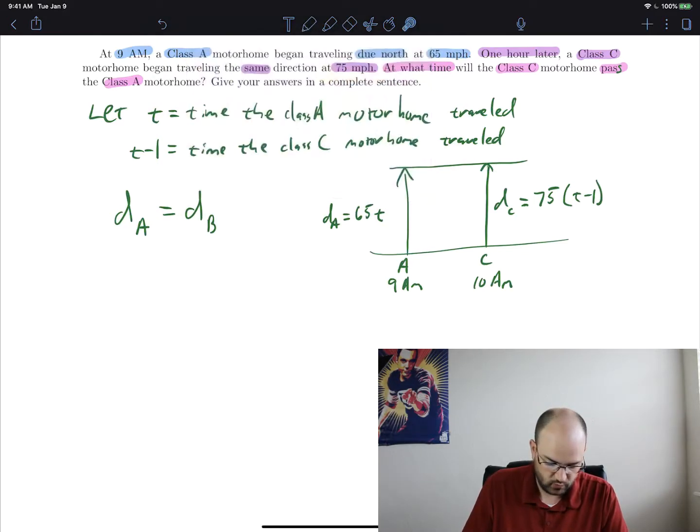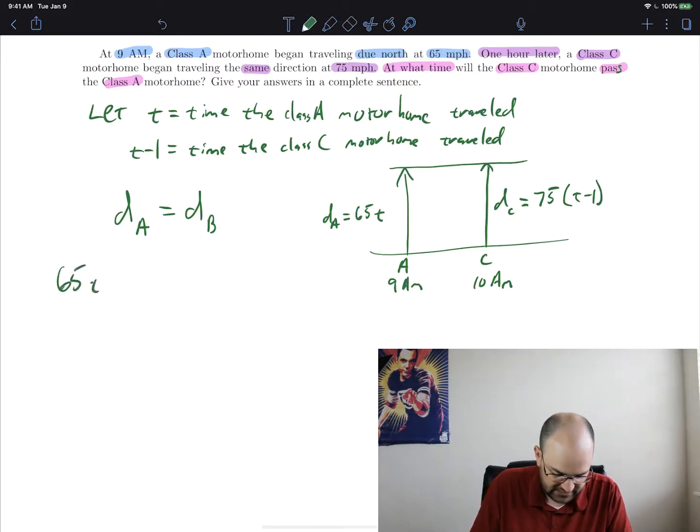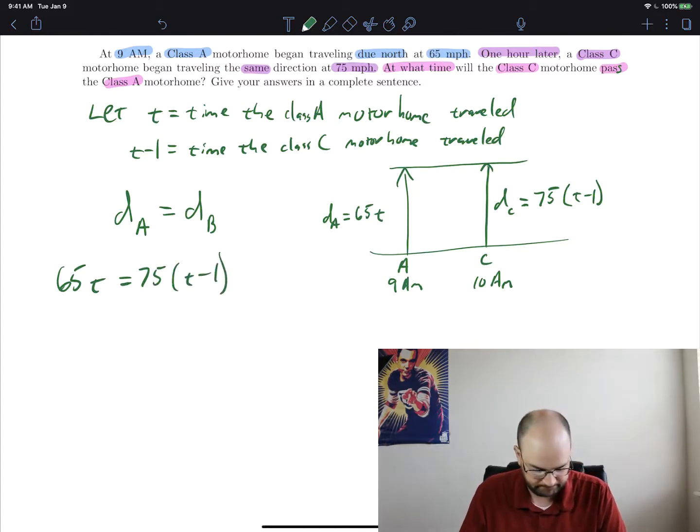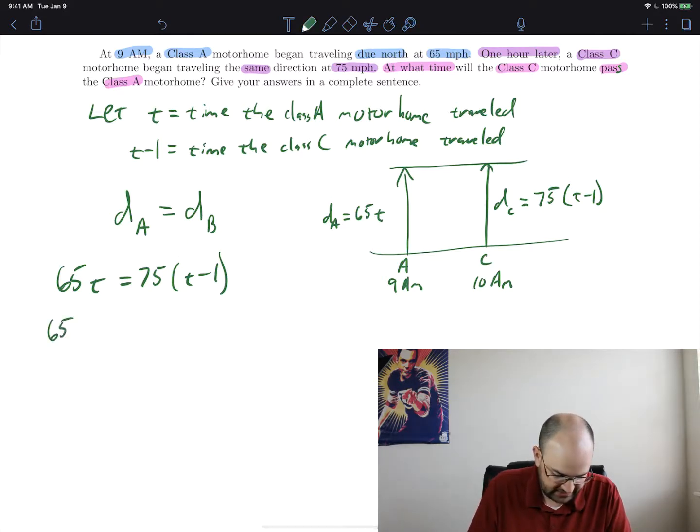And then we just have the distance that A travels equals the distance that C travels. So just set this equal to this. So we have 65T is equal to 75 times (T minus 1). Notice you can just distribute the 75 there. So the left-hand side is 65T equals 75T minus 75.